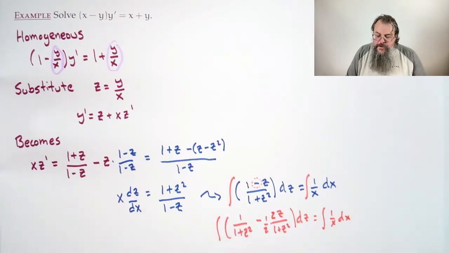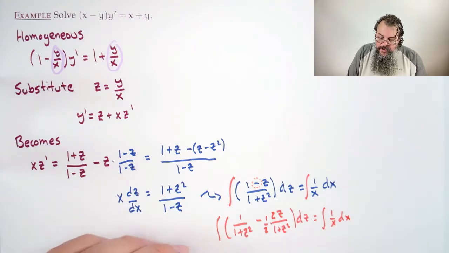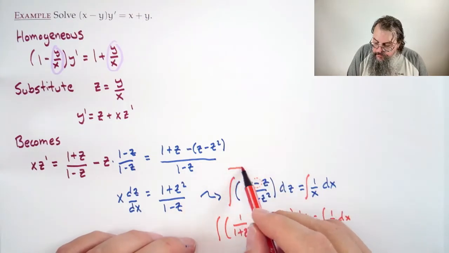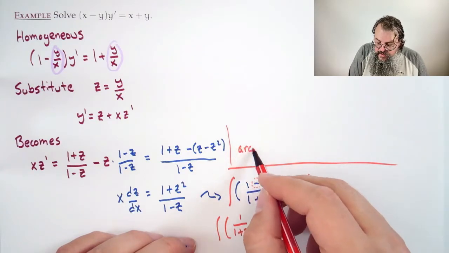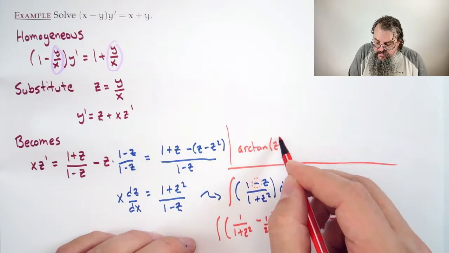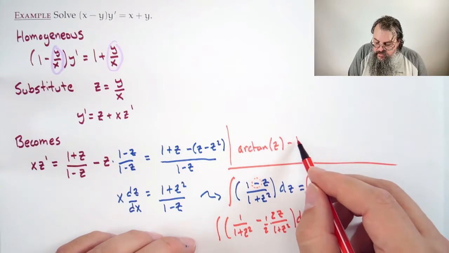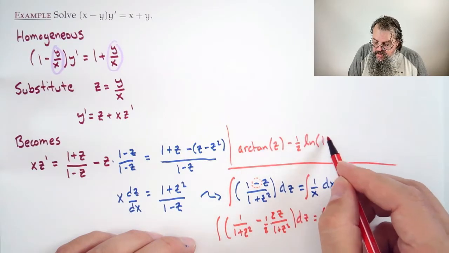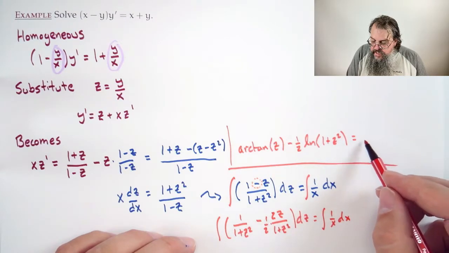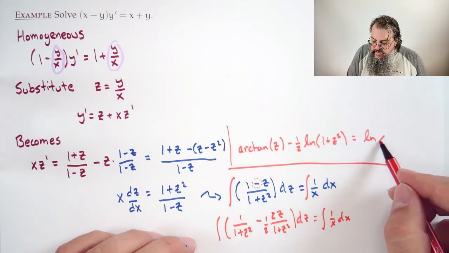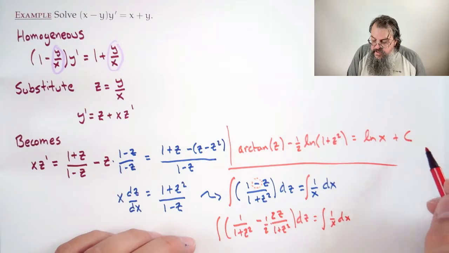And so we get the following. We get arctangent of z minus 1/2 natural log 1 plus z squared is equal to natural log of x plus c.